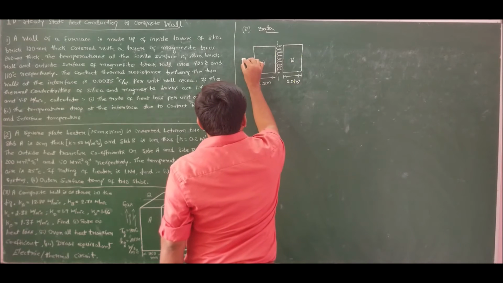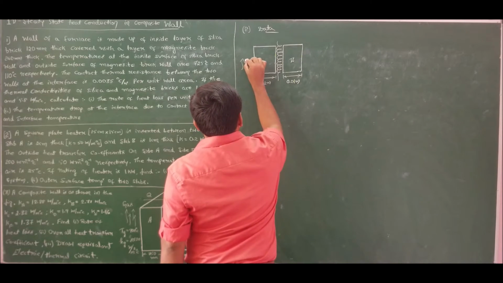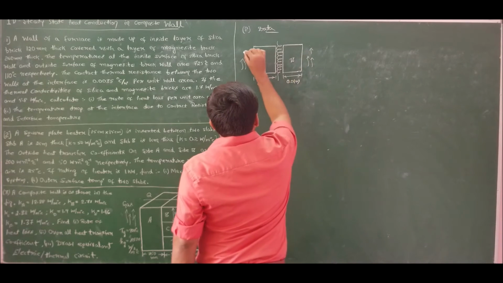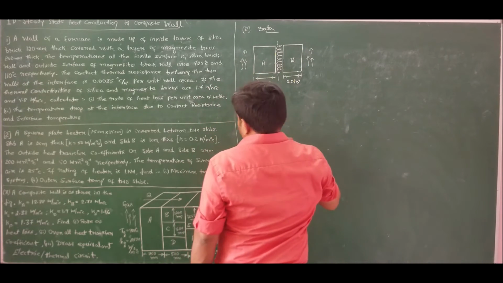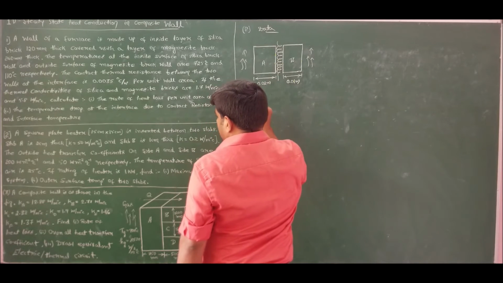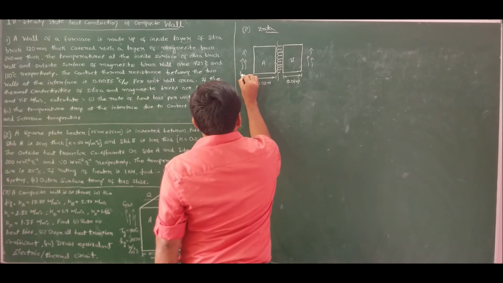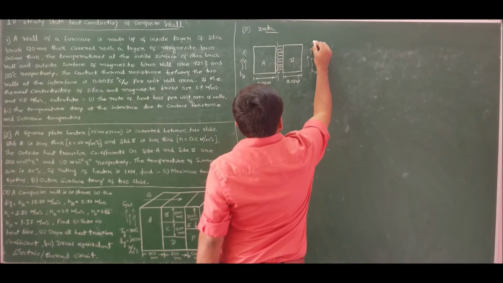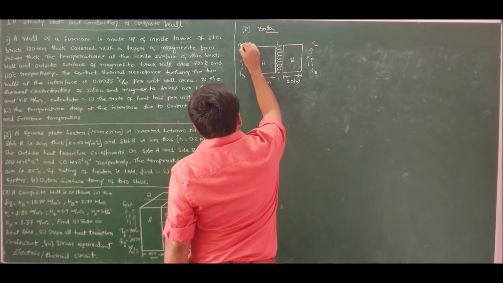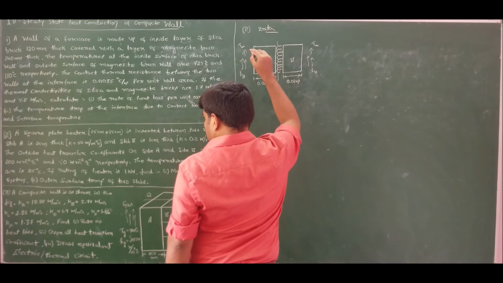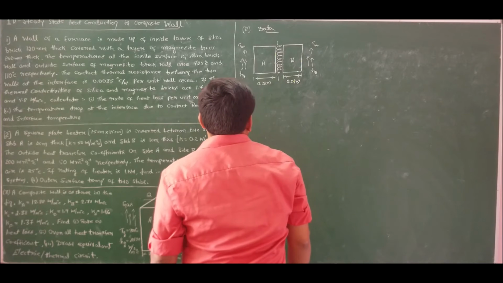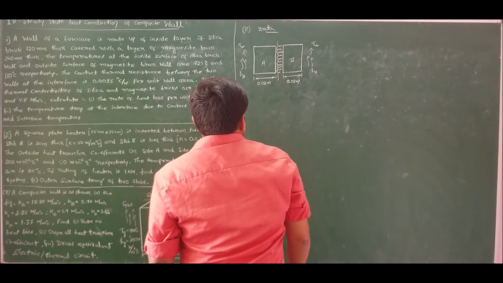He has also specified the convective heat transfer coefficient, so there is convection happening on either side. He has given the values of HA and HB, and states that there is ambient air at a temperature of 25 degrees Celsius, and the rating of the heater is also specified. So this is what he has given for us.